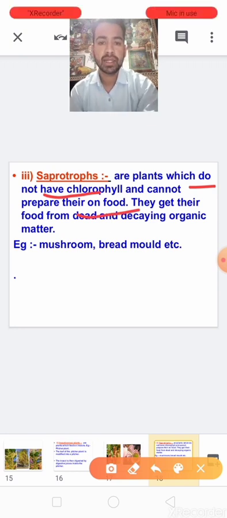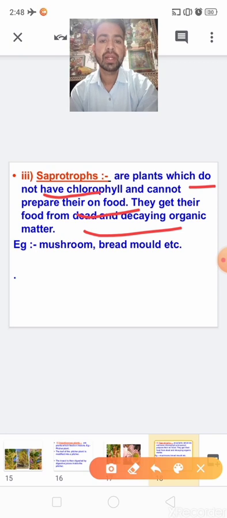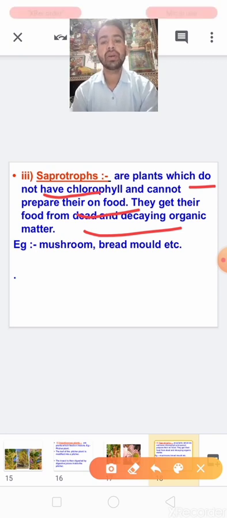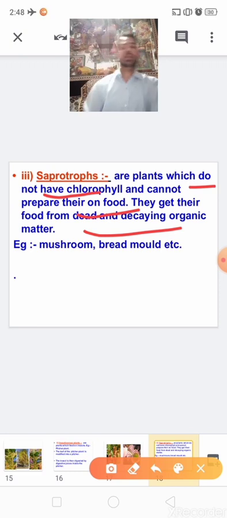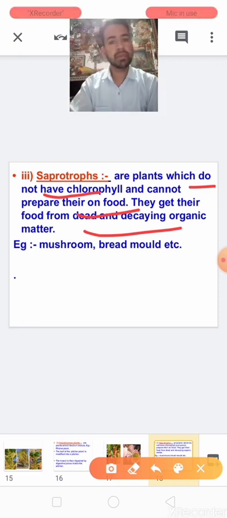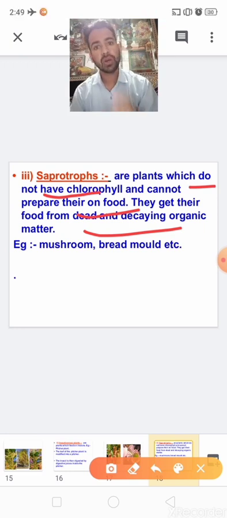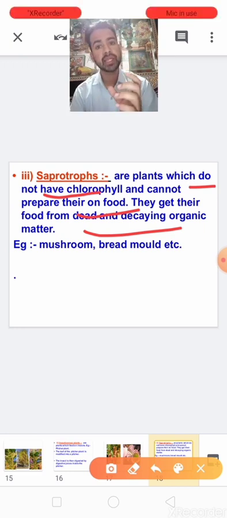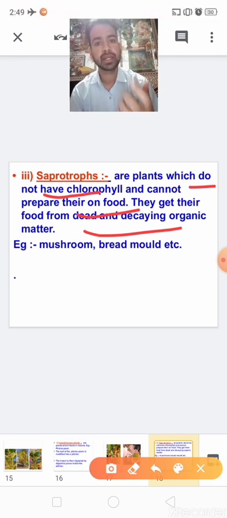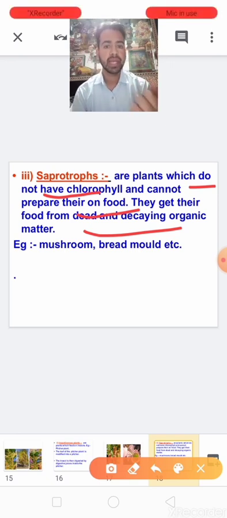These plants take their food from dead or decaying organic matter. Okay, if the plant or animal die, so the saprotrophs attack on that plant and they take their nourishment, they take their nutrition from that dead plant or animal.